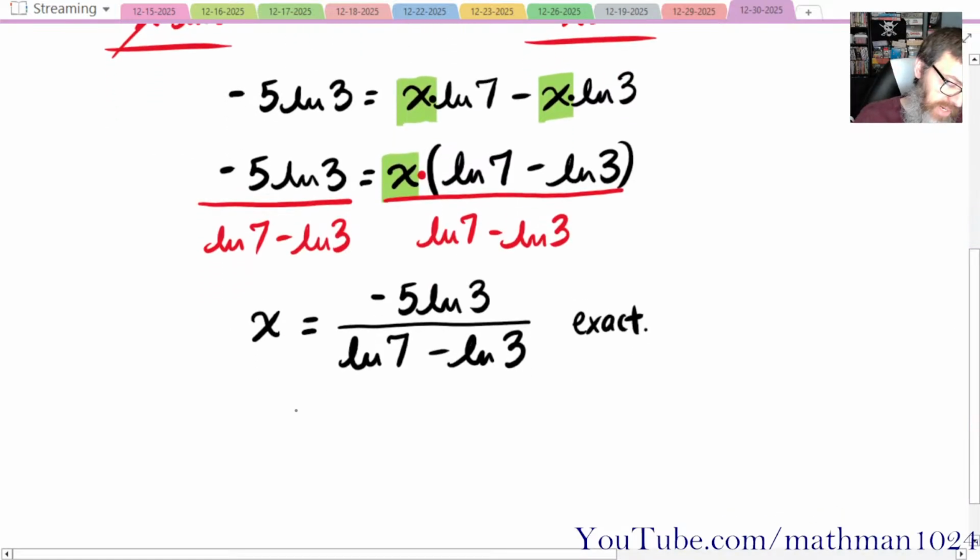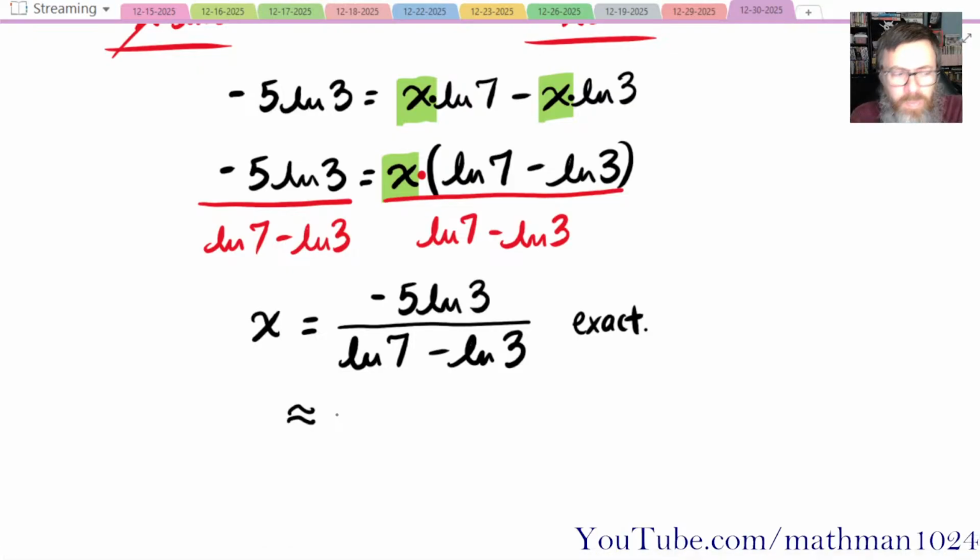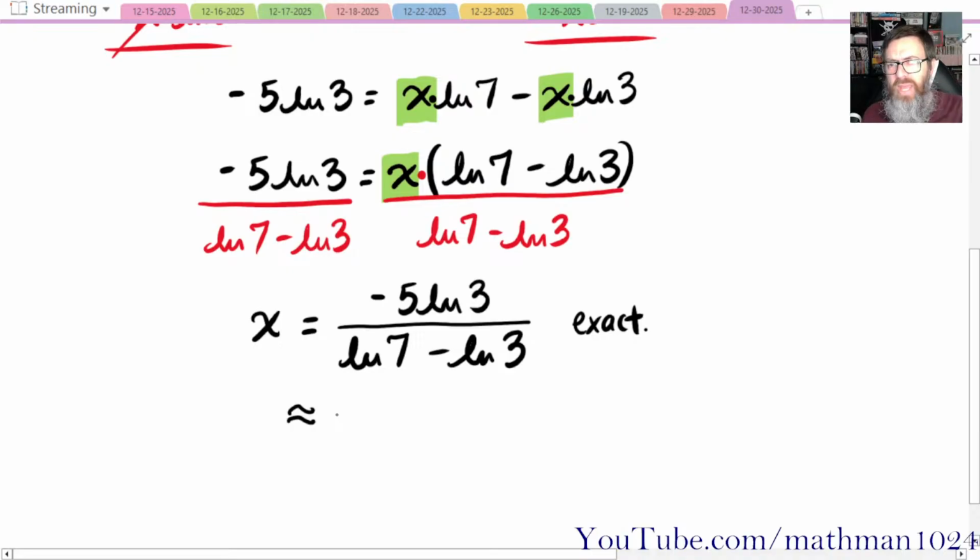The next task, I should say, is coming up with a decimal approximation. That means, can you type this into your calculator correctly? Now, some scientific calculators are really difficult to work with. So there's one that I recommend that has a nice 2-line display on it.